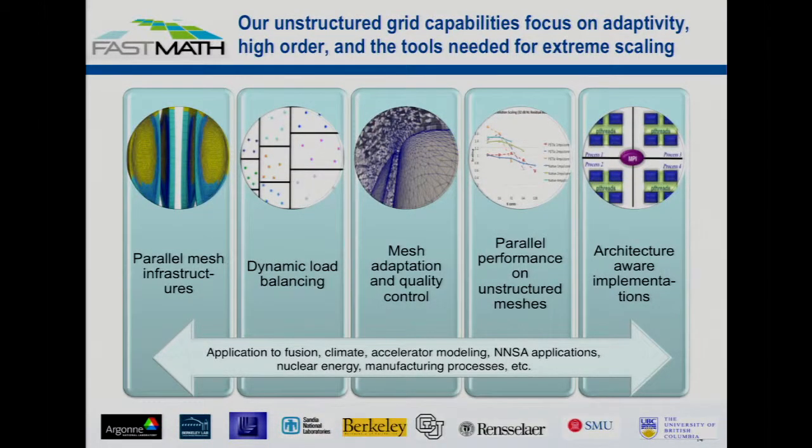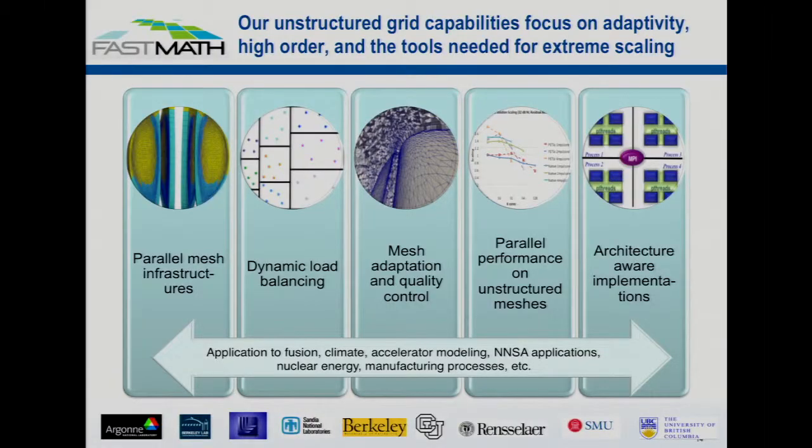For mesh adaptation and quality control, we're primarily, again, interested in high-order meshes. So for unstructured grid, you can start to imagine your triangles now have curved sides, or your quadrilaterals have curved sides. And so there are lots of interesting issues that come up there in terms of, how do you control the quality of those kinds of elements? What does that look like?